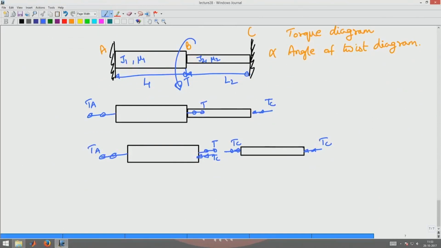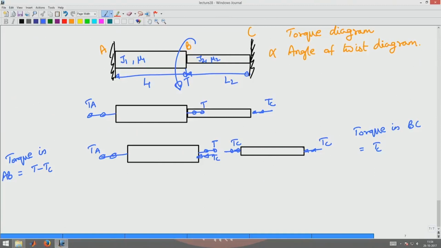So in member AB, the effective torque is T minus Tc, and the torque in BC is Tc. Okay.